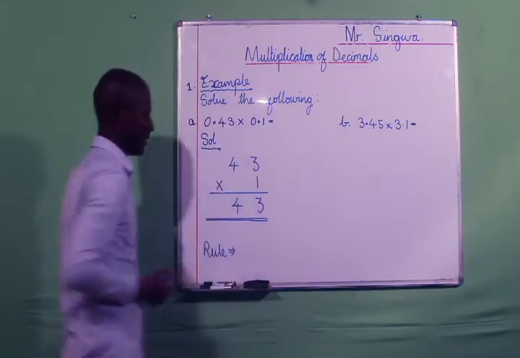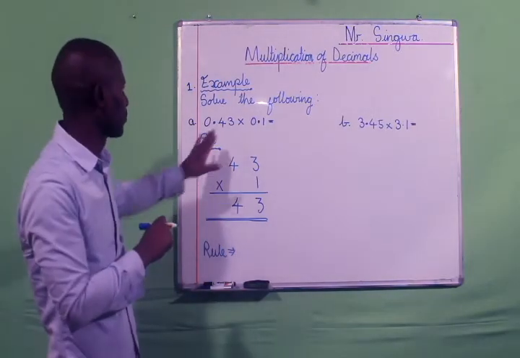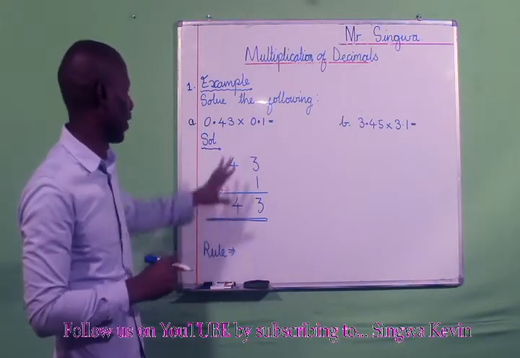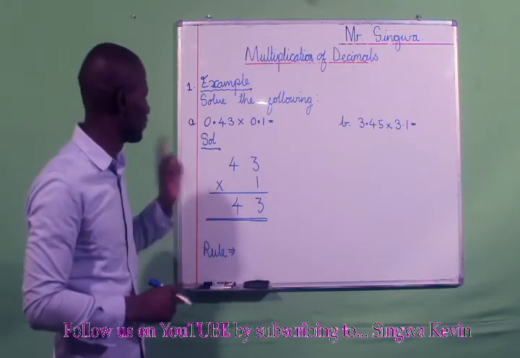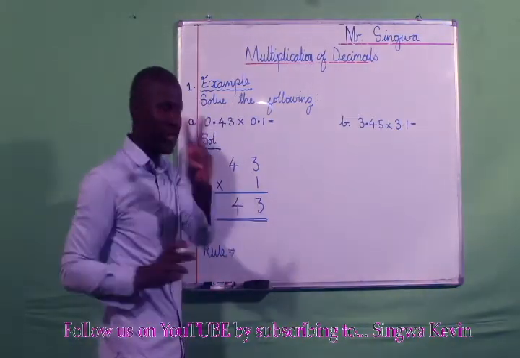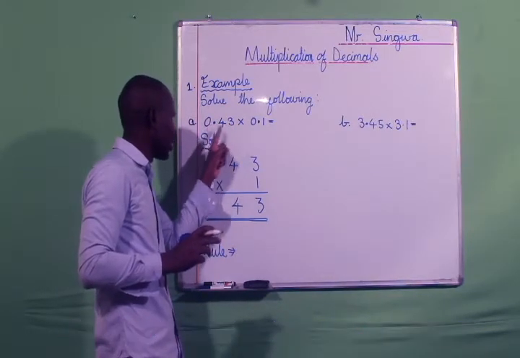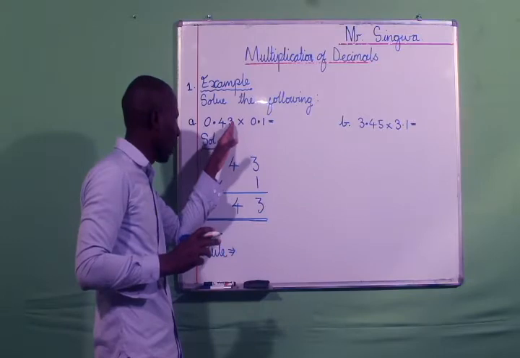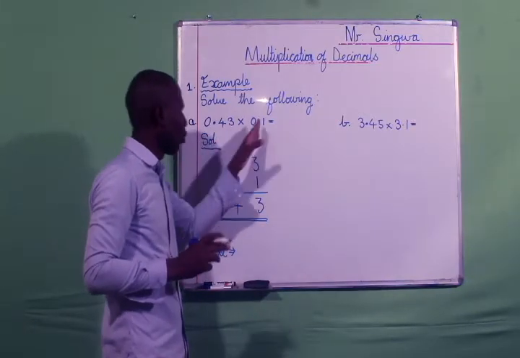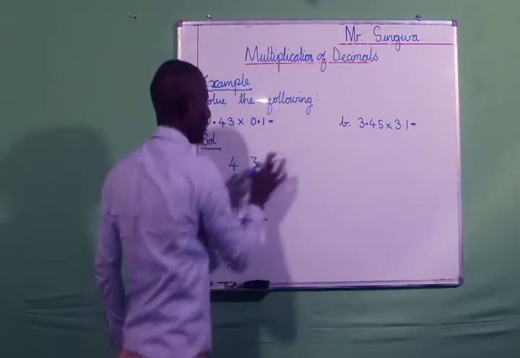Now, where is the decimal here? This is the concept I want you to get. You've multiplied 43 by 1 here. How many decimal places do we have? The number 0.43 has 2 decimal places: there are 2 numbers after the decimal. The 0.1 has 1 decimal place: there's only 1 number after the decimal.